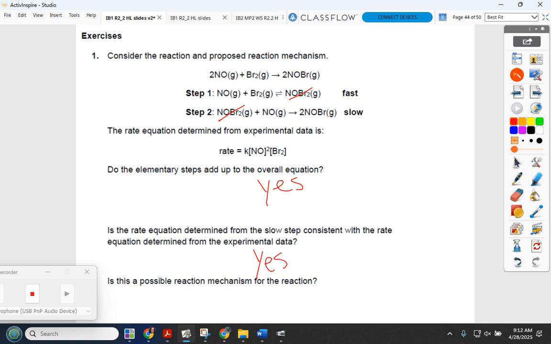Okay, so because this is our slow step, we have to take into account how we got the intermediate that goes into the slow step. So we really need all of this to be a part of the rate equation. Okay. So because these two are both yes, then possible reaction mechanism is yes.